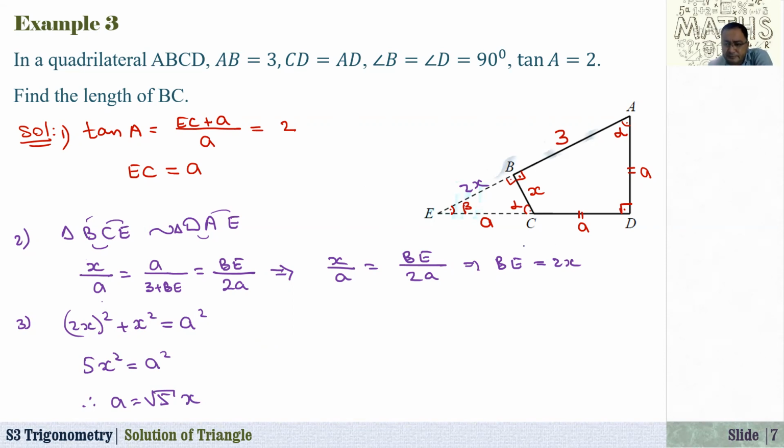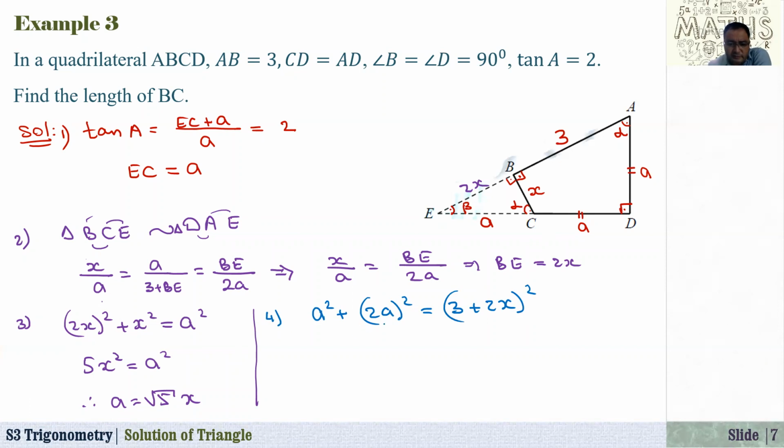Now we can just use the biggest triangle to get the value of BC. The last part is, in the big right angle triangle, we have a squared plus 2a squared is equal to 3 plus 2x squared.